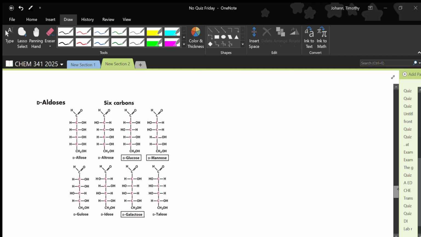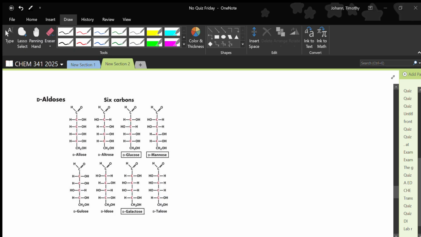Now we're going to spend a lot of time talking about glucose because glucose is the most used molecule, either straight out in biology or also modifications of it. And glucose is an aldose.